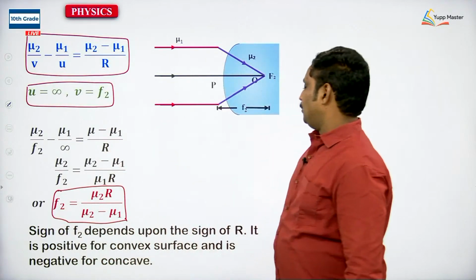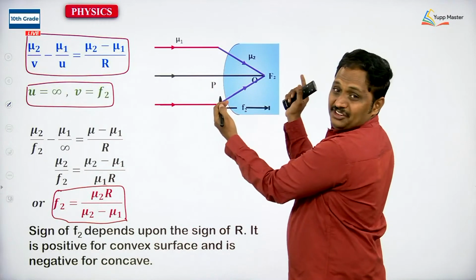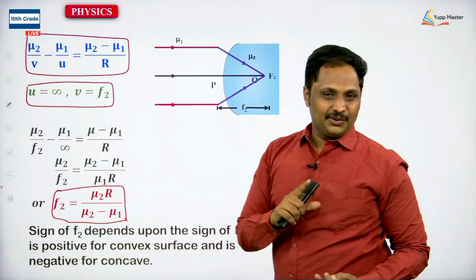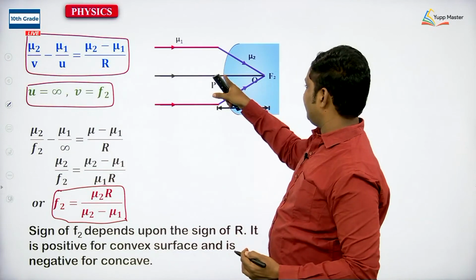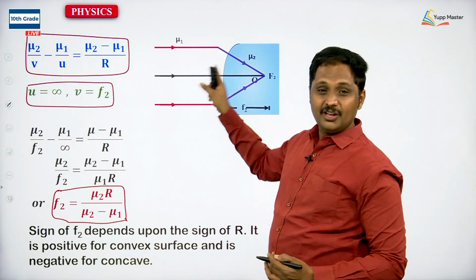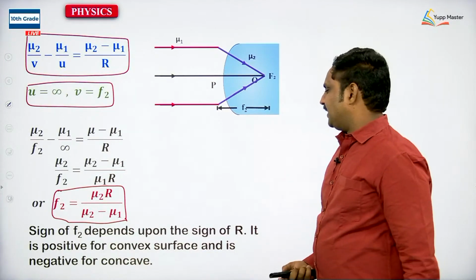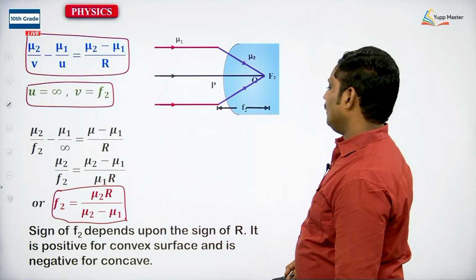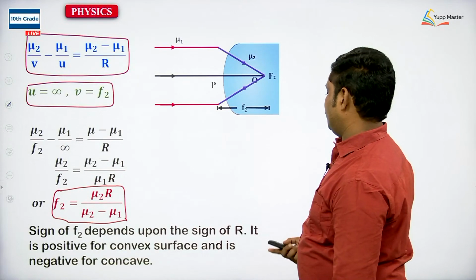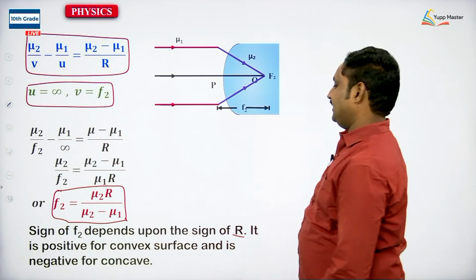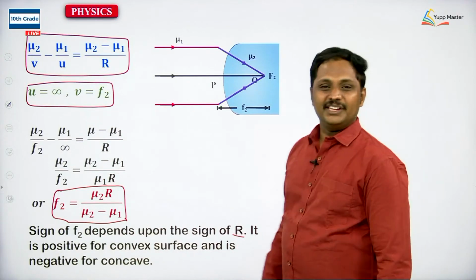So, you can consider the sign convention. What about F2? It is going to be positive, yes or no? It is very clear, we have taken the pole as a reference, it is positive. The sign of F2 depends upon the sign of R. It is positive for the convex surface and negative for concave.